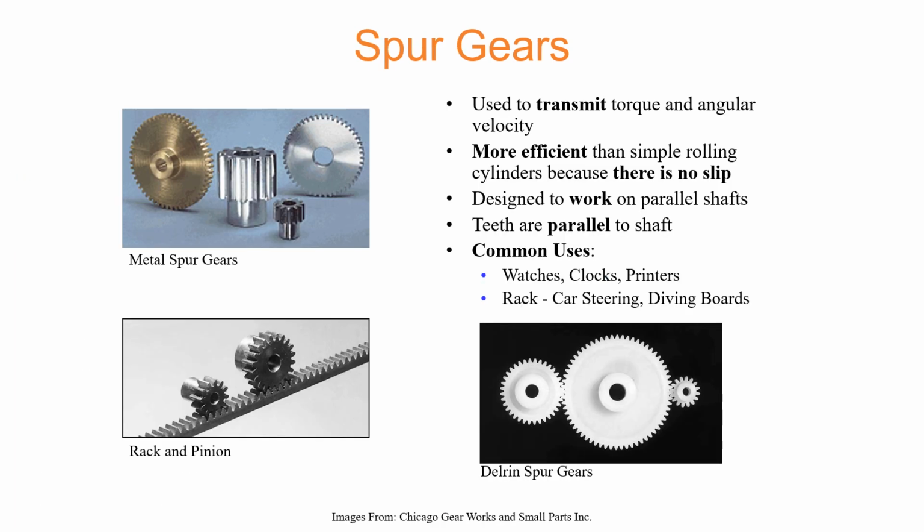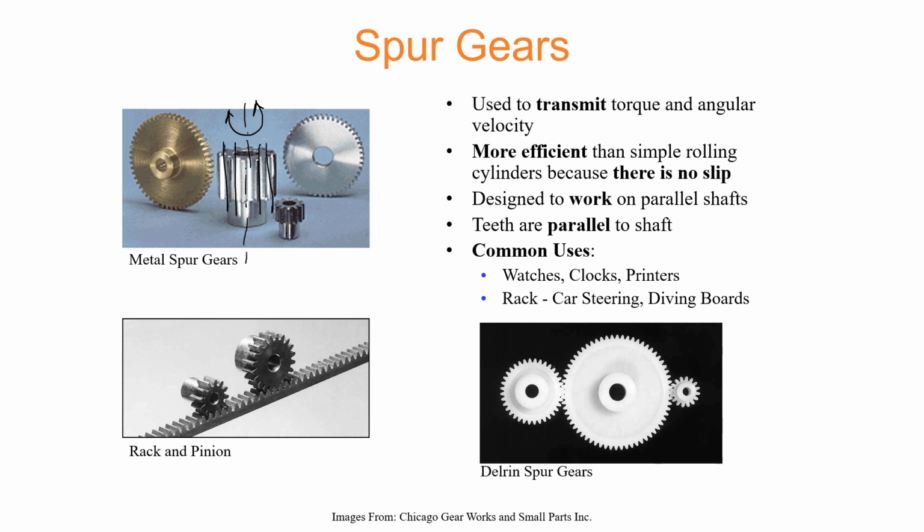Now, in case of spur gears, we have mentioned that you are going to have the axis of rotation, and this axis of rotation for this gear is going to be something like this, about which the rotation is going to happen. The salient feature of the geometry of spur gears is that the teeth are going to be parallel to the axis of rotation.